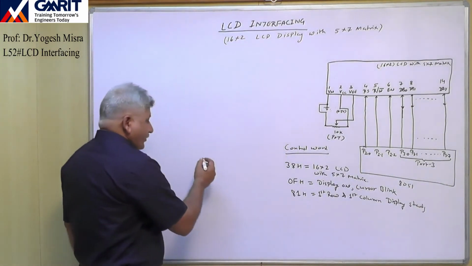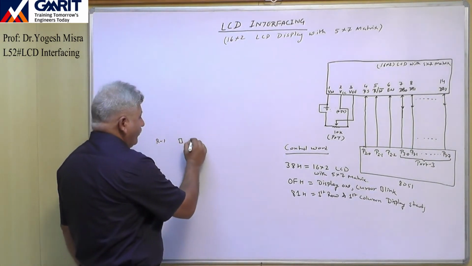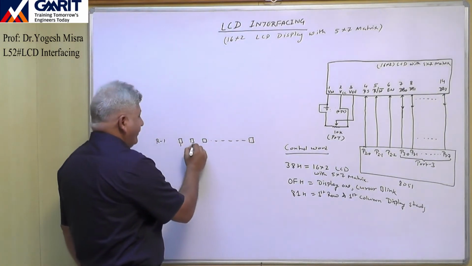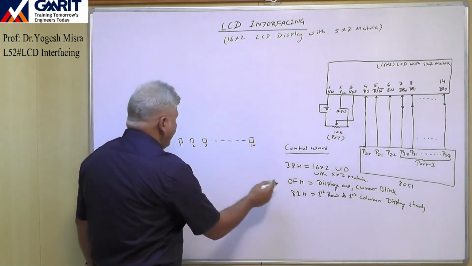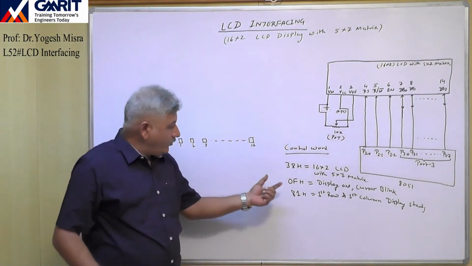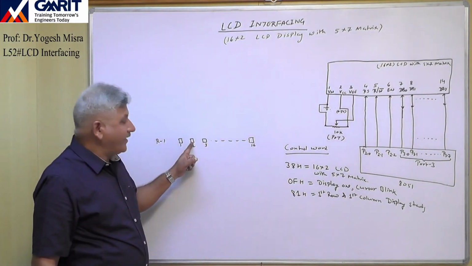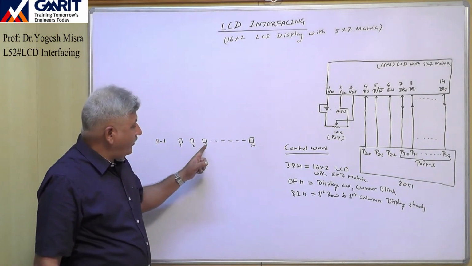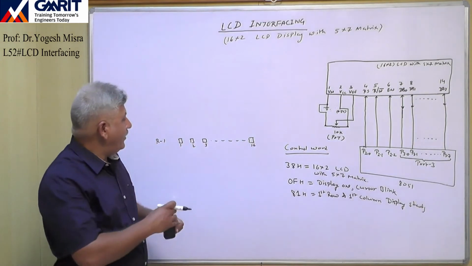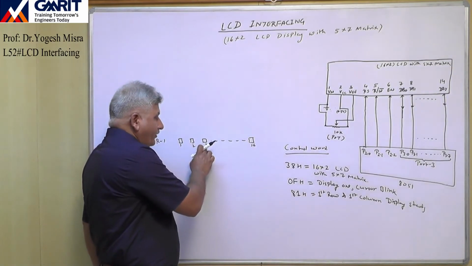Here, suppose this is row number 1. In row number 1 there are 16 display places. Display number 1, 2, 3, like this up to 16. With 81 the display will start from here. If we use the control word 82, then our display will start from the second column. 82 is for the second column, 83 for the third column.